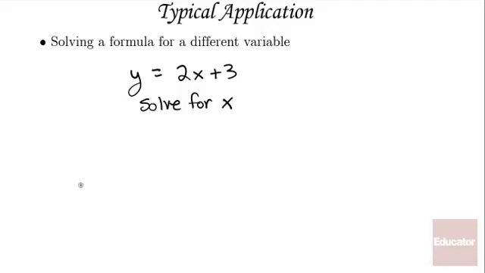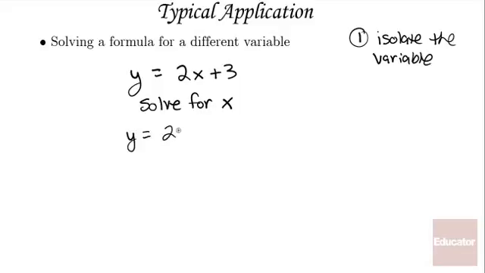To do that, you would go about it the same way as before, isolating the variable that you want to work with on the left side. But this time, you've got to not only move numbers over, you might have to move variables over as well.